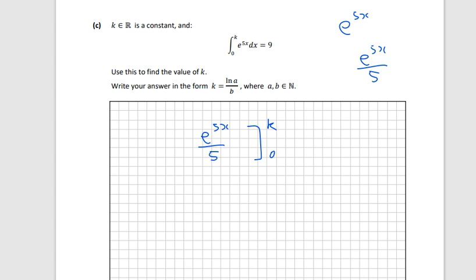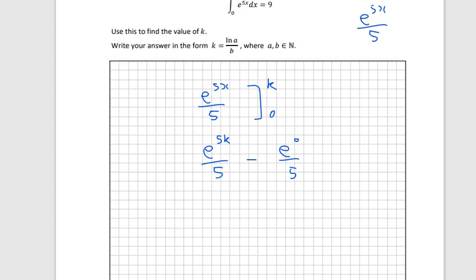Now, if I put a k in, it'll be e to the power of 5k over 5 minus, if I put in a 0, it'll be e to the power of 0 over 5. And they're saying that all of that is equal to 9 in the form.